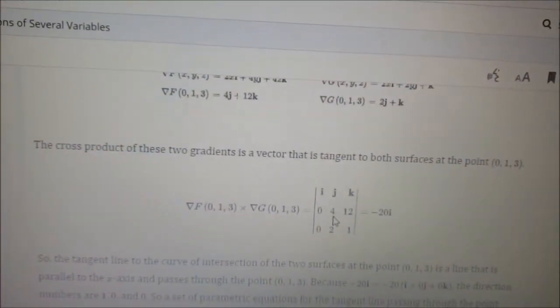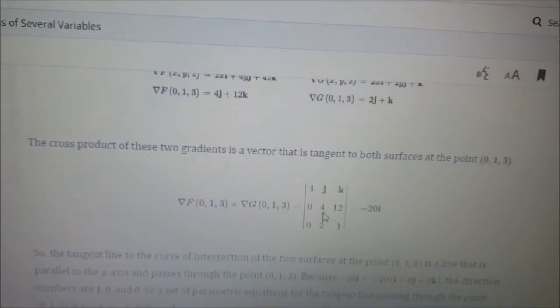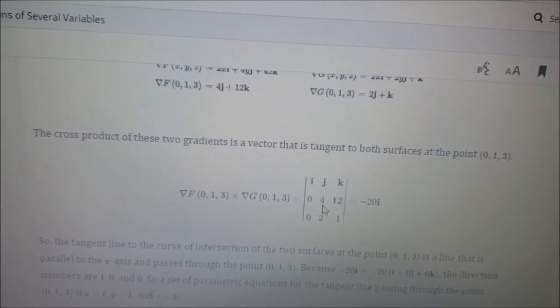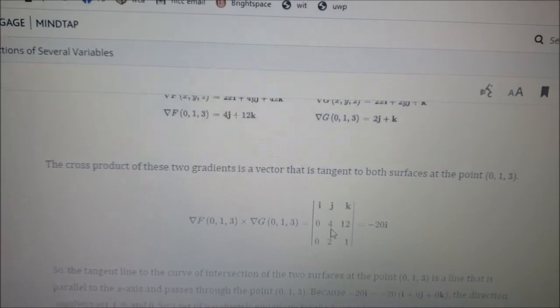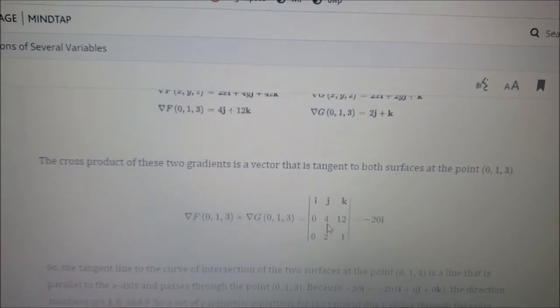Where did they get the 0, 0, 4, 2, 12, 1? I don't know how that works.